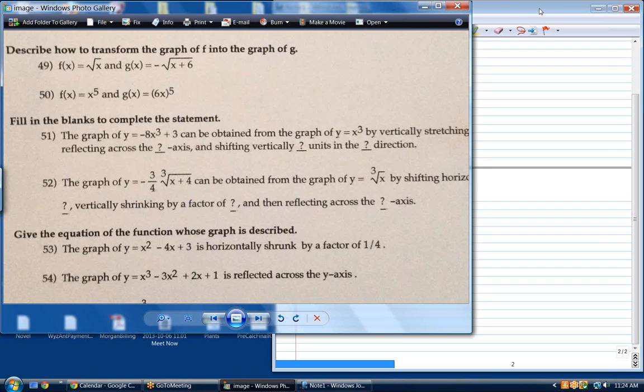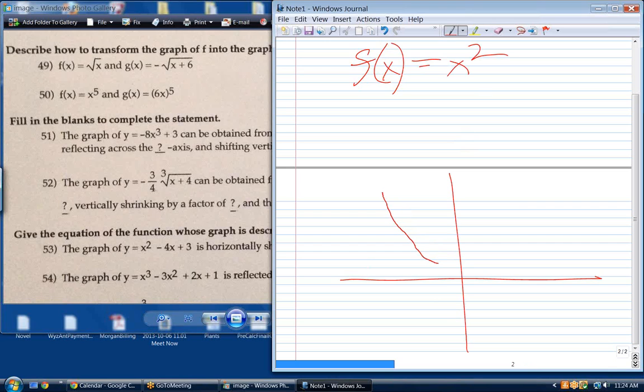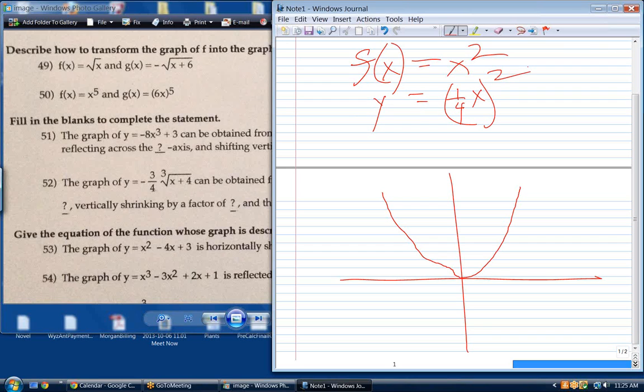Let me make up one more here that I can think of very quickly. If f of x is equal to x squared, it's a parabola. Tell me what y equals is.